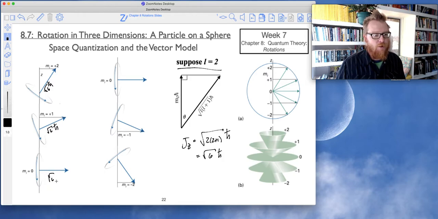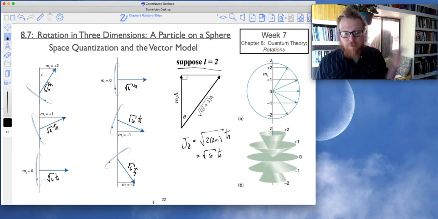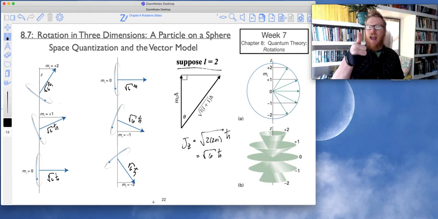So I'll keep writing those in. They're all length root 6 h bar. Okay, so that makes them all degenerate because they all have the same angular momentum.